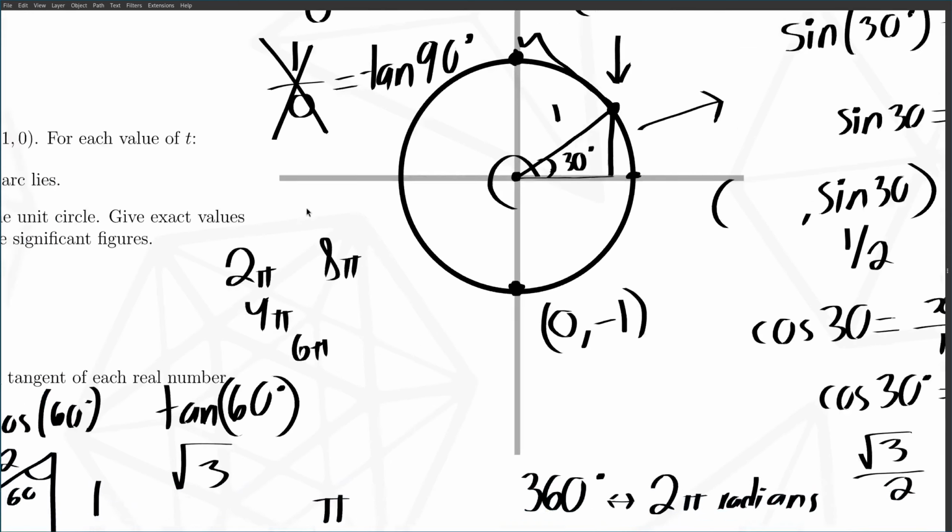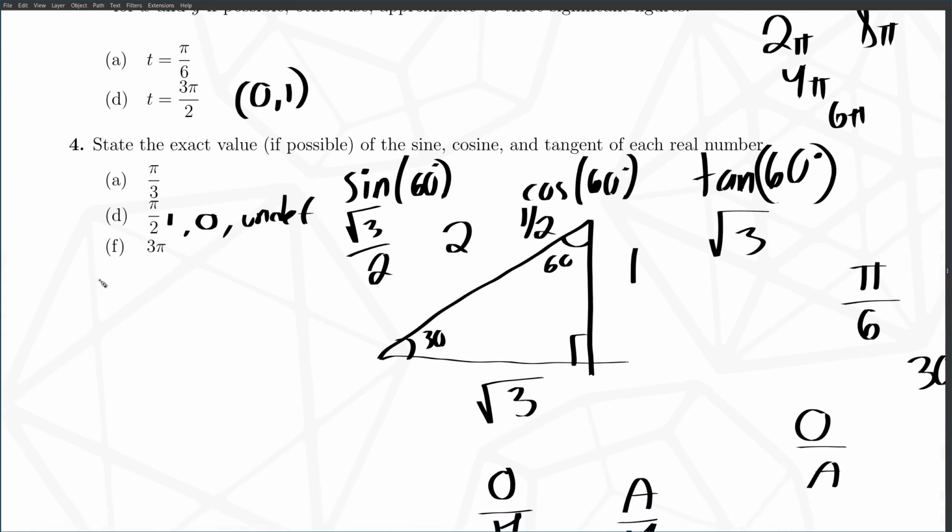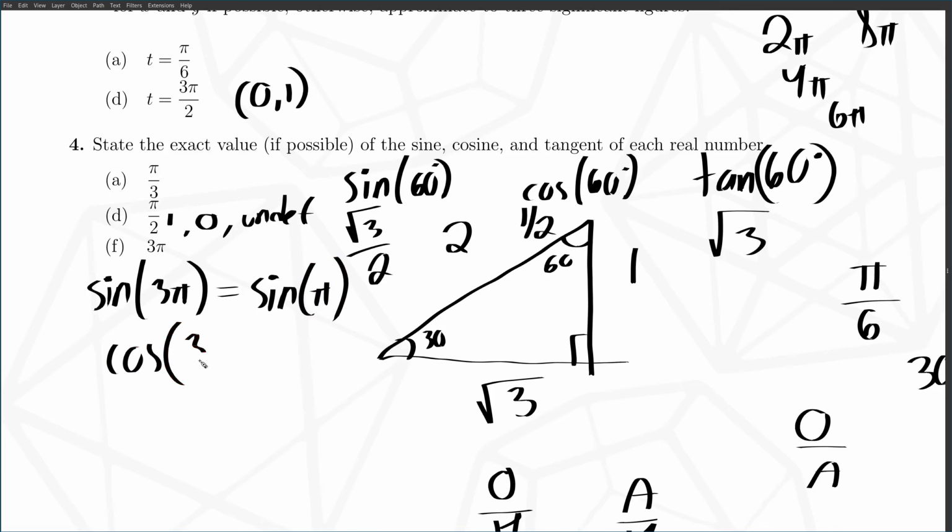So, using that logic, the sine of 3 pi is going to be equal to just the sine of pi. And the same logic goes for the cosine. Our point is going to be in the same location, since that extra loop around the circle is irrelevant.